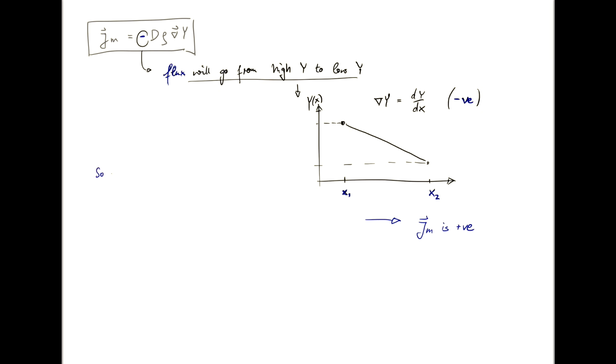And so what does Jm do over time to our mixture? It homogenizes or smoothens out the distribution.